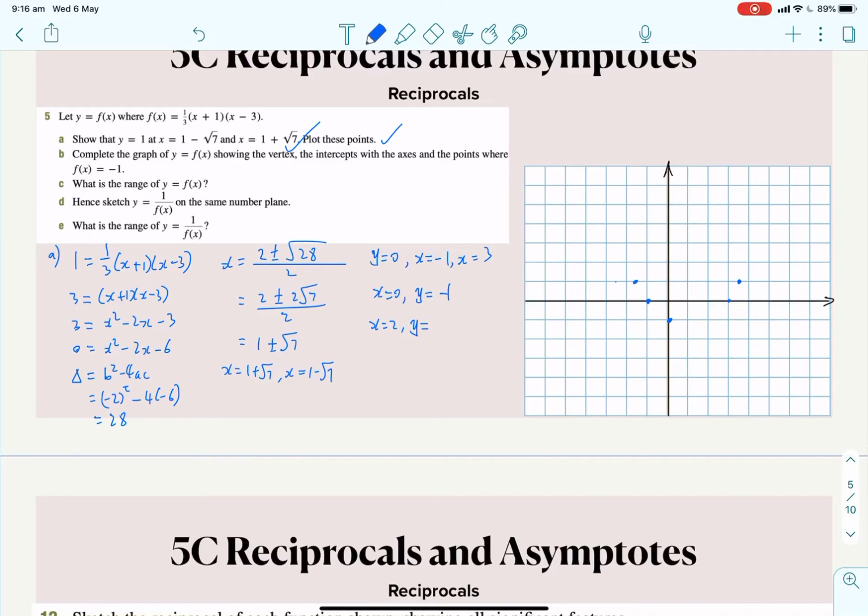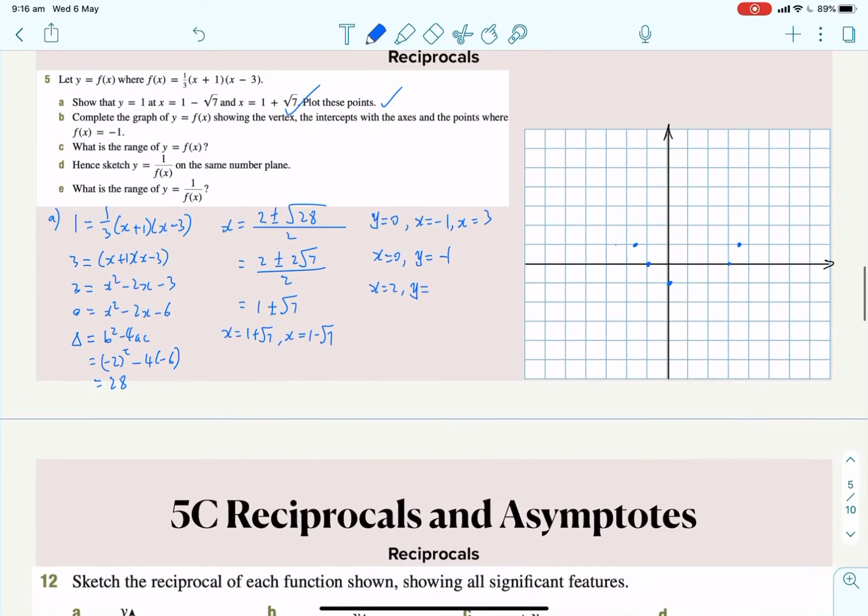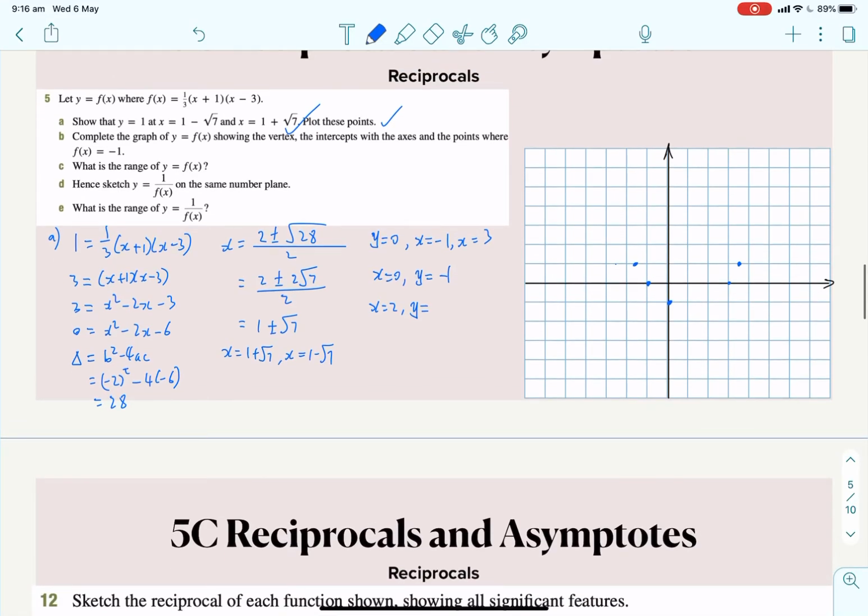Wait, what? 2 plus 1 is 3 times 2 minus 3, which is -1. So 3 times -1. Something is wrong.